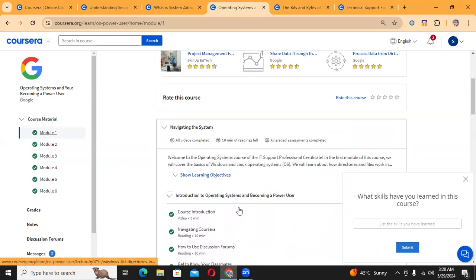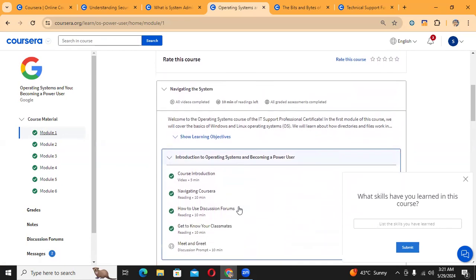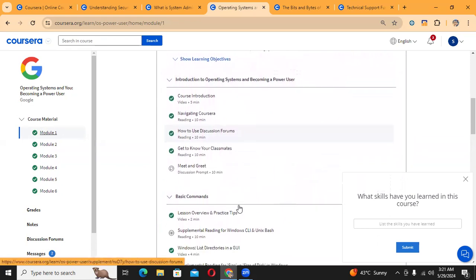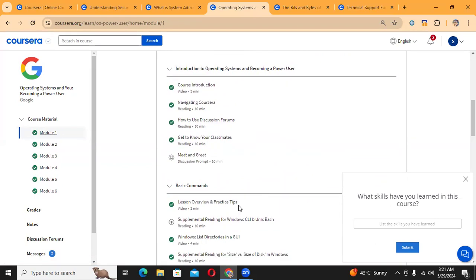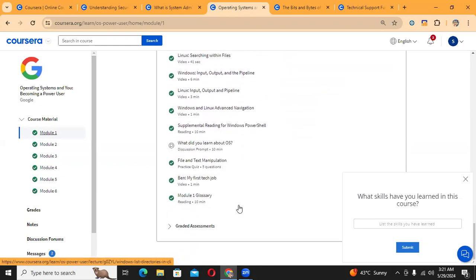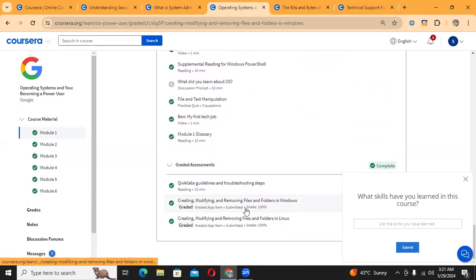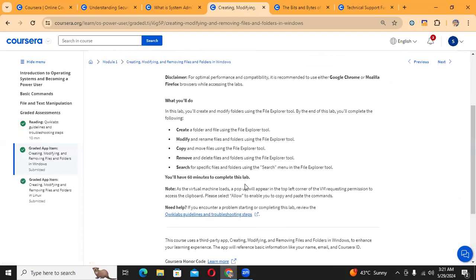In this module, we have learned about Windows and Linux, how we can manage the file system using Linux, what the commands for Linux are, and how we work in Windows. So basically, it is about managing files and directories. So first, let's move on to the first quiz.